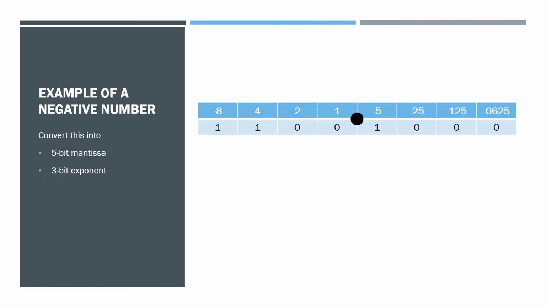And of course, sometimes we have to create a floating point number out of a negative number. And in that case, remember, we're looking for a mantissa that begins 1, 0. So let's have a look at that. Here's another example. Once more, pause the video and go on to the next slide when you're ready, when you've got your answer.